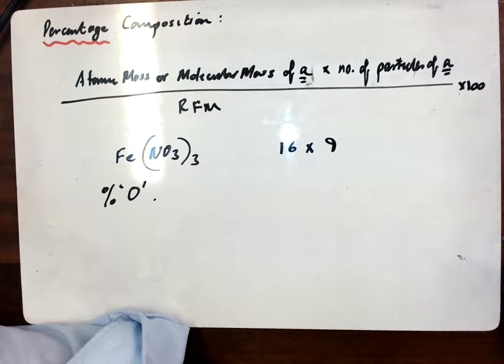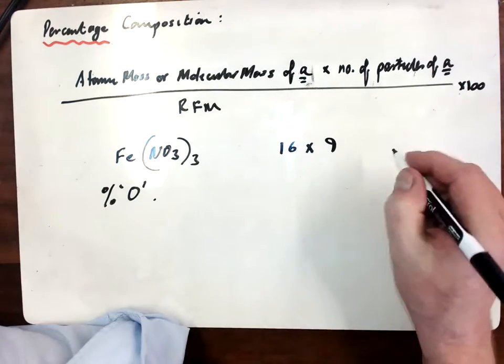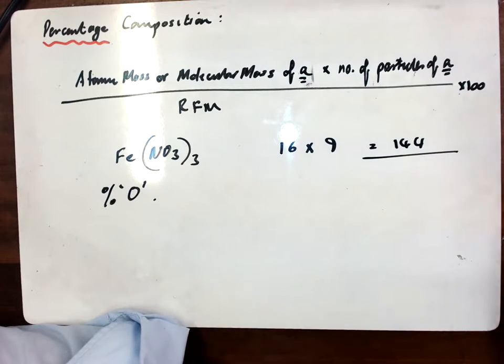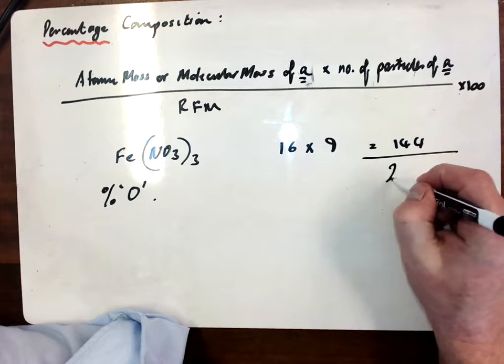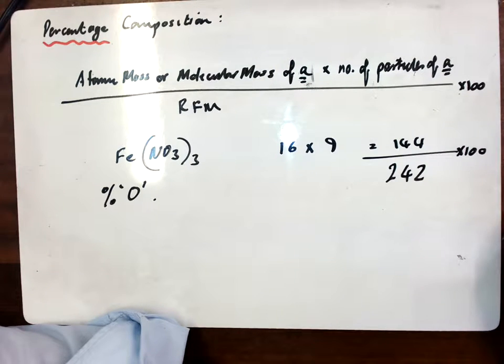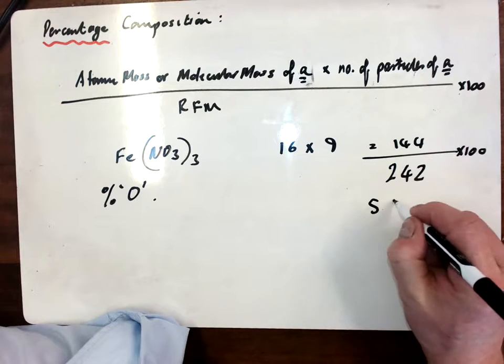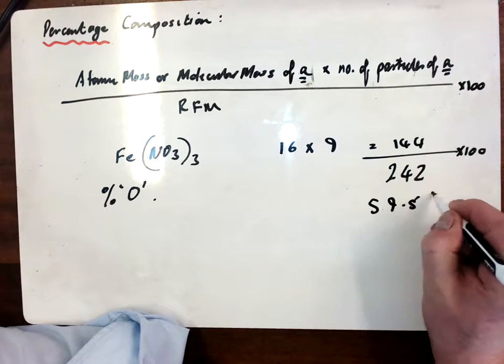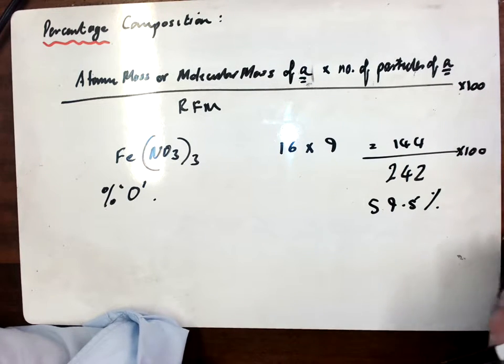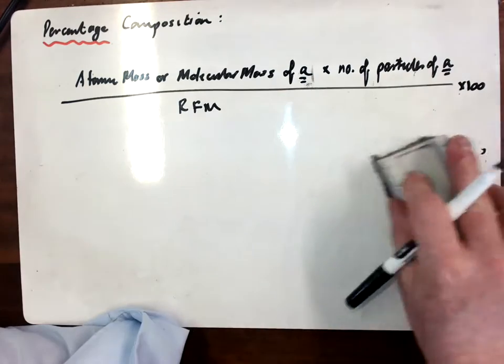That's a total of 144 of oxygen in that. Then we divide by the RFM of the whole thing, which gives us a percentage of 59, and again we'd work to 3 significant figures, 59.5%.